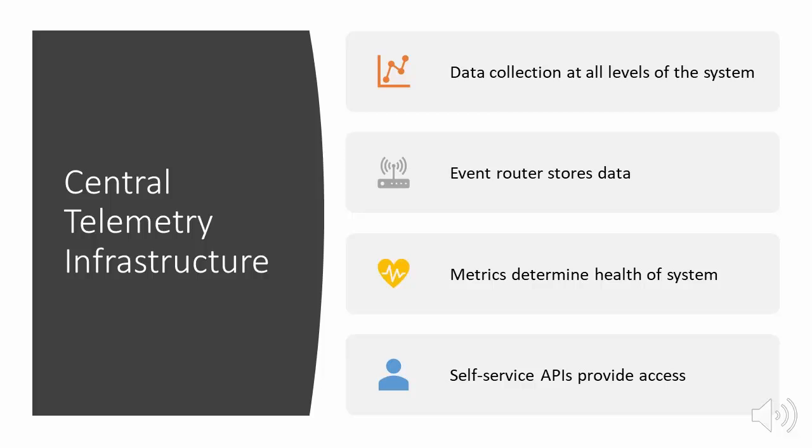All of the data is then sent to an event router that stores the data and transforms it into metrics. These metrics help provide a clear picture of the health of the whole system. They can be used to help detect anomalies, set up alerts for future events, and analyze the data. Problems can be found earlier in the problem cycle, and the comprehensive data will enable the problem to be understood and solved. Self-service APIs provide easy access to the data, so it is readily available for anyone who needs it.